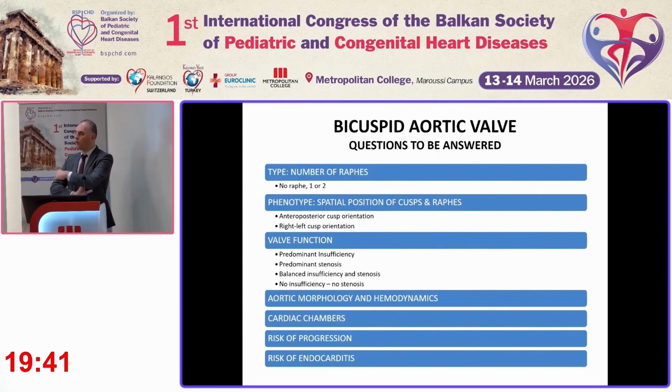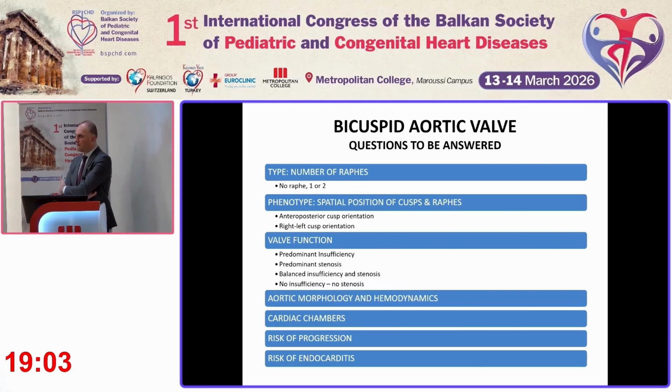Now, once we identify a patient with suspected or, on the echocardiogram, confirmed BAV, what are the questions to address next in order to establish the diagnosis, risk stratify, and plan ahead our management, the treatment, or just monitoring? First, we have to describe the anatomy of the valve, the number of raphes and commissures. Then the valve function. Is there any associated disease, stenosis, regurgitation, or mixed disease?